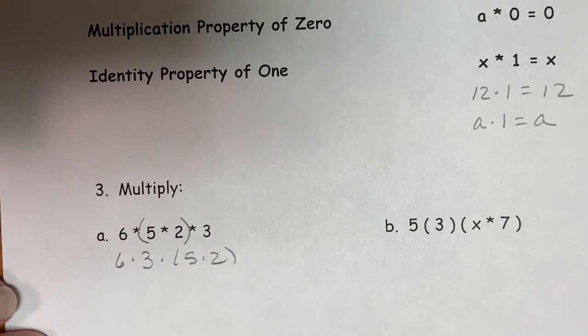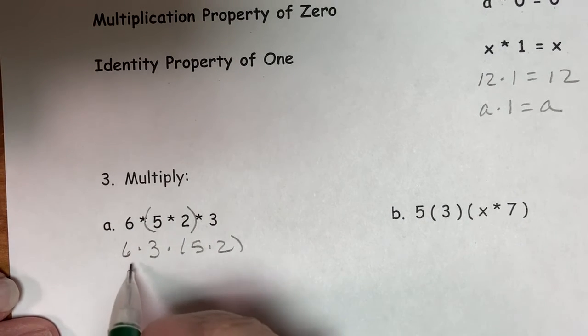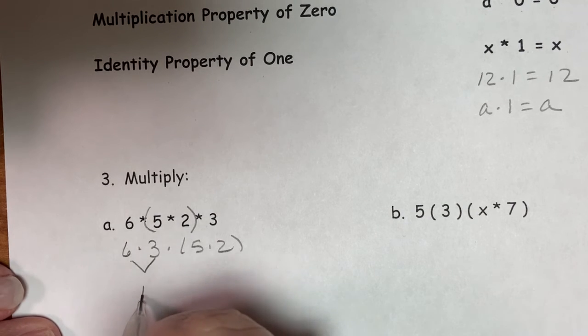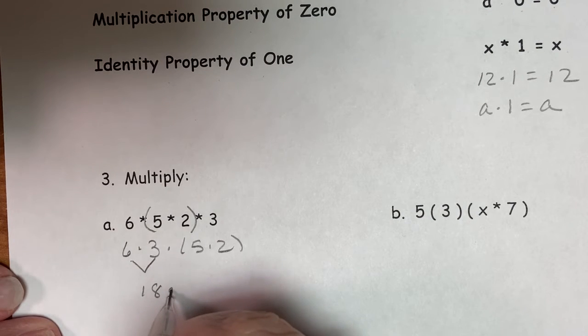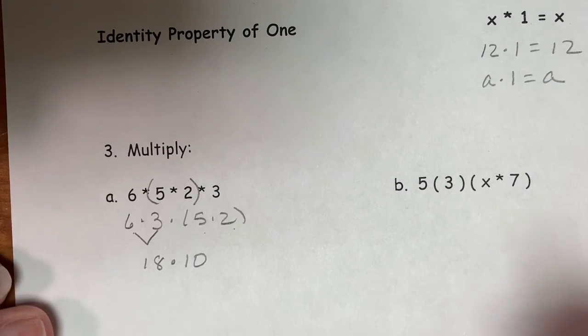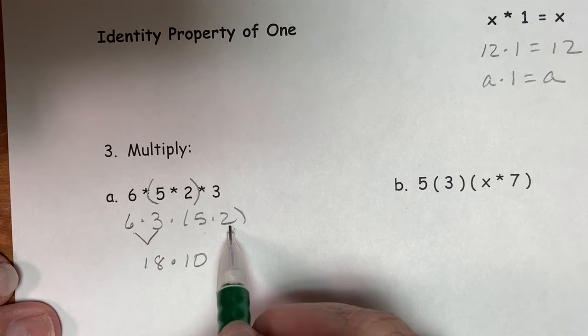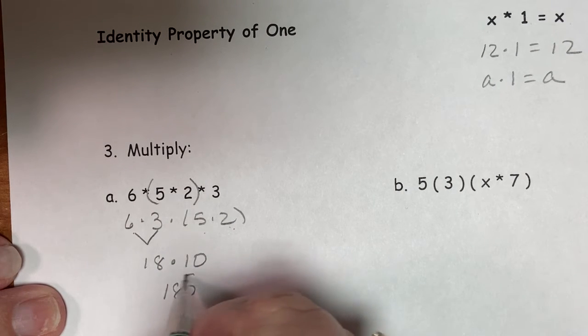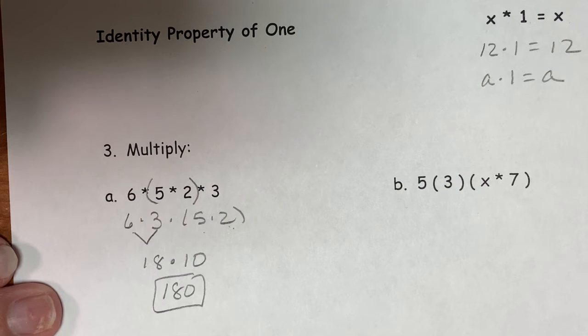I just put the 6 and the 3 together. Now I'm going to group them, and I'm going to multiply the 6 times the 3 first to get 18 times, what's 5 times 2? 10. I grouped the 5 and the 2 together because it's really easy to multiply anything by 10. You simply add a 0.